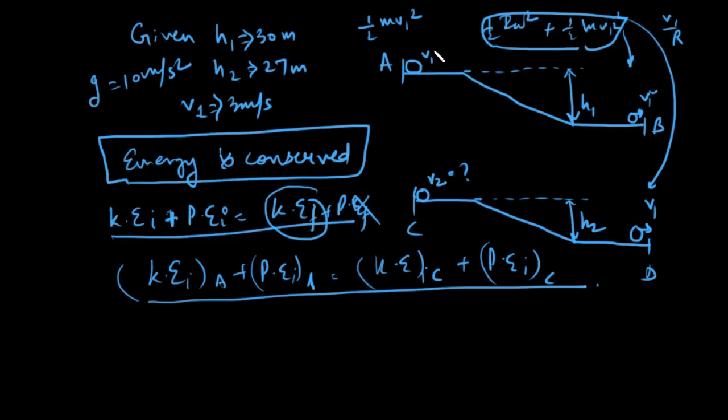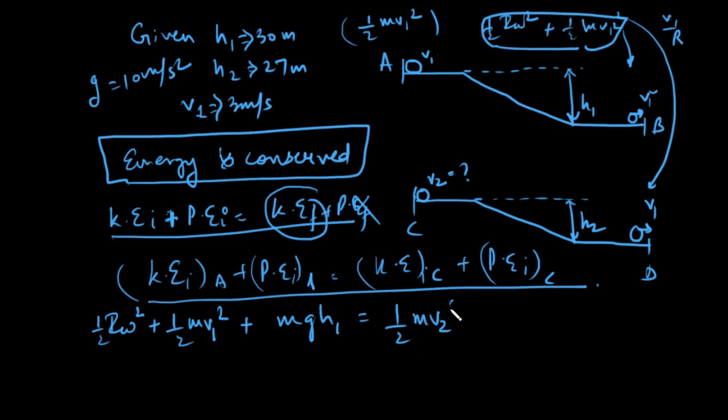So the kinetic energy would be sliding kinetic and rolling kinetic. This kinetic energy would consist of rolling kinetic energy half I omega square plus sliding kinetic energy, which would be half m v square. And the potential energy would be equal to m g h1. Here also the kinetic energy would consist of half m v2 square plus half I omega square plus m g h2.